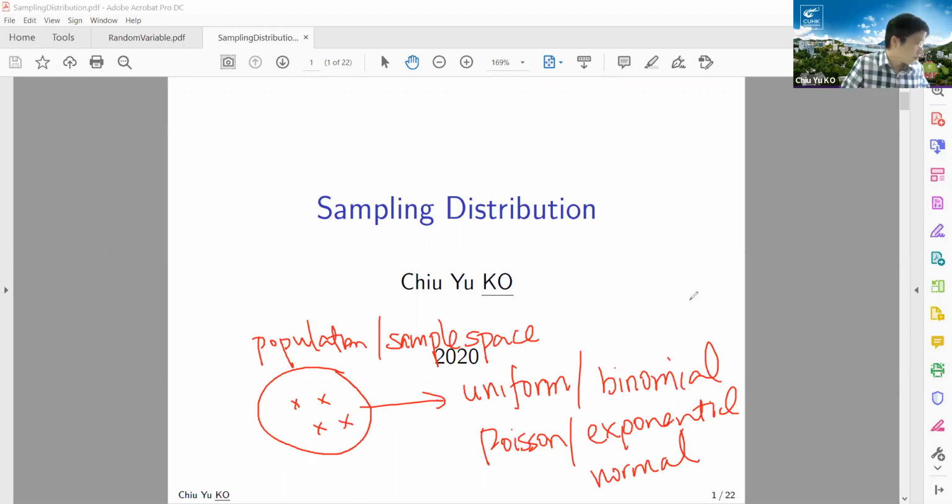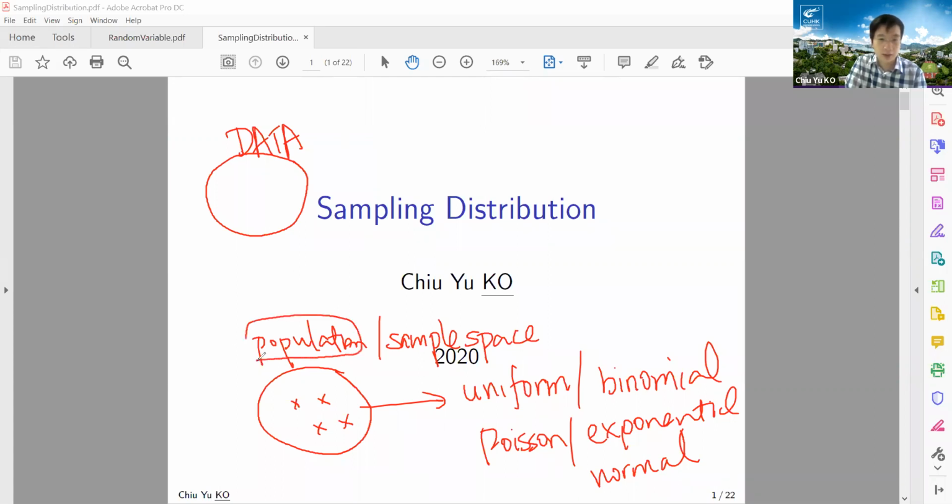Now we are going back to data from now on. For the rest of the class, we are focusing on data. Data is something we want to study about a population, and we are trying to get some idea of the population through what we call sampling, or a sample.